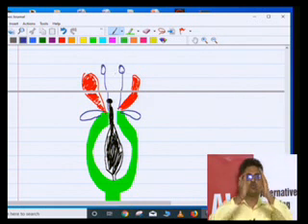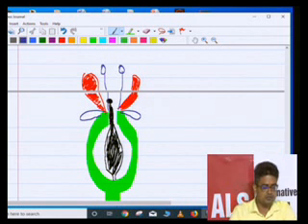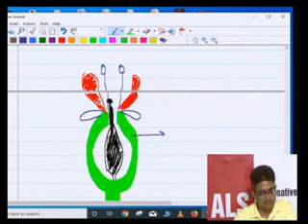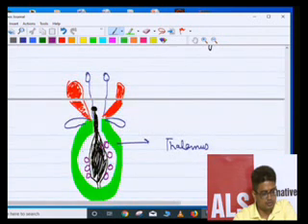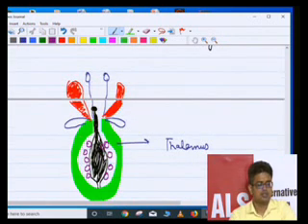You can see the ovary is completely covered by the thalamus. This is the thalamus. And it has completely enveloped the ovary. The ovules of the ovary, which will later develop into seeds, are completely covered by the thalamus.